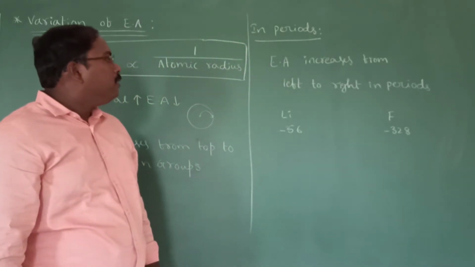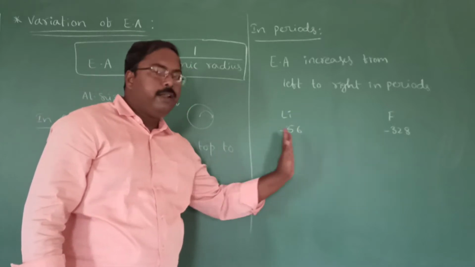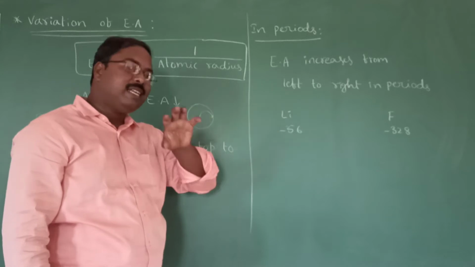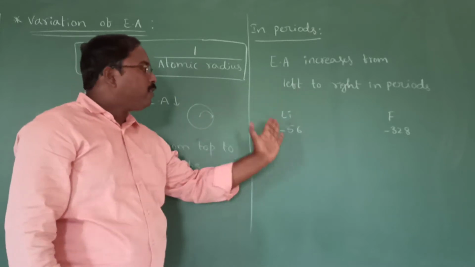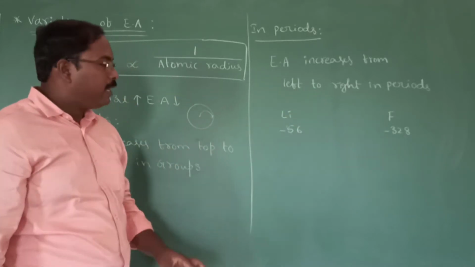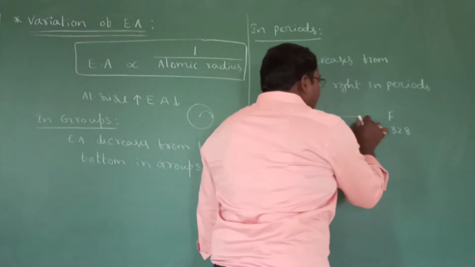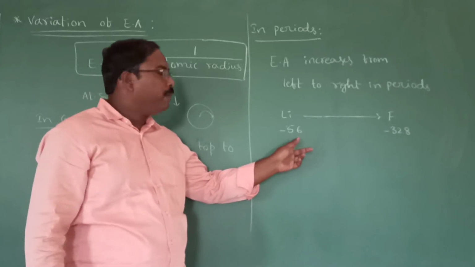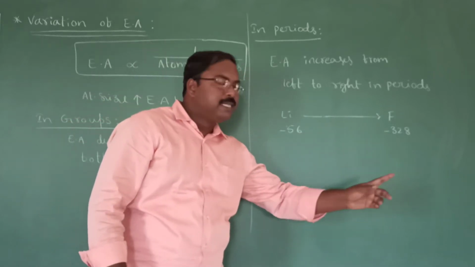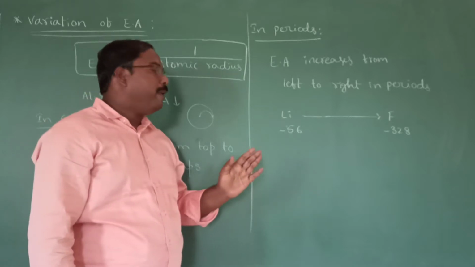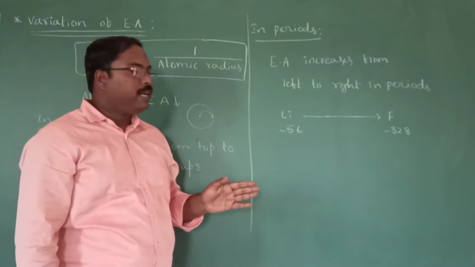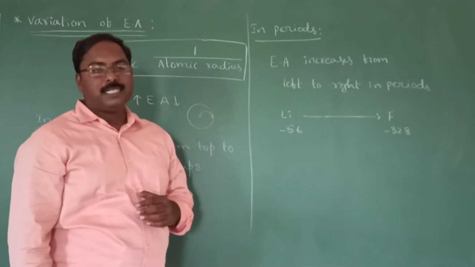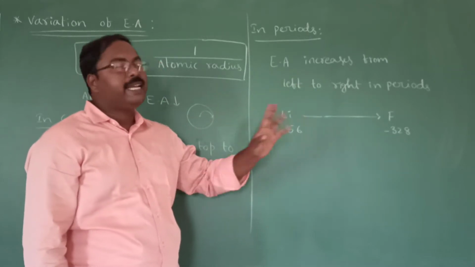So whether the electron affinity value increased or not? Here we clearly discussed that electron affinity is increasing from left to right. But with these values, if we observe, minus 56, minus 328, mathematically minus 56 is bigger and minus 328 is a smaller value. Correct or not? Because of the negative sign.